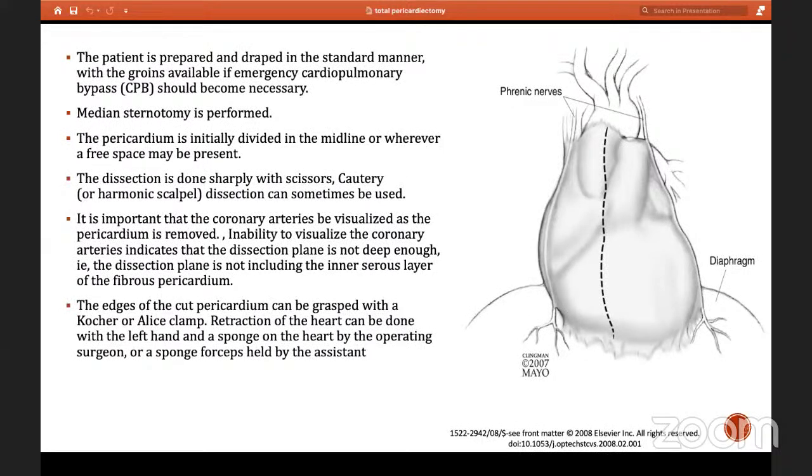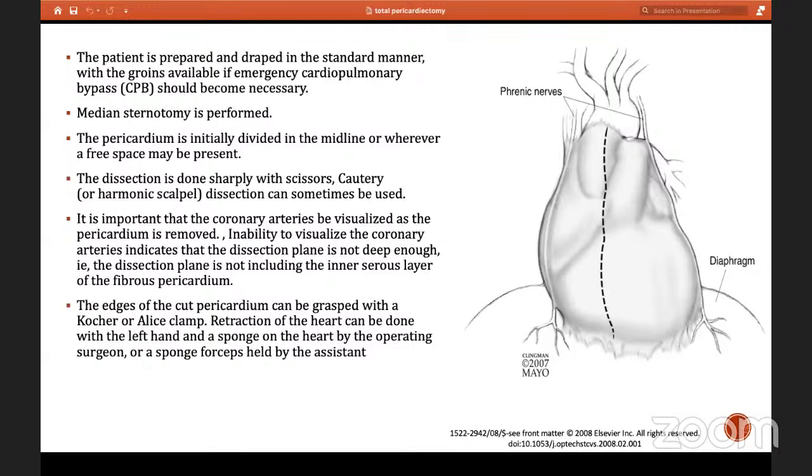As usual, the patient is prepared and draped in the standard manner with the groin available if emergency CPB should become necessary. Median sternotomy is performed. The pericardium is initially divided in the midline, as shown here. The dissection is done sharply with scissors, cautery, or harmonic scalpel.